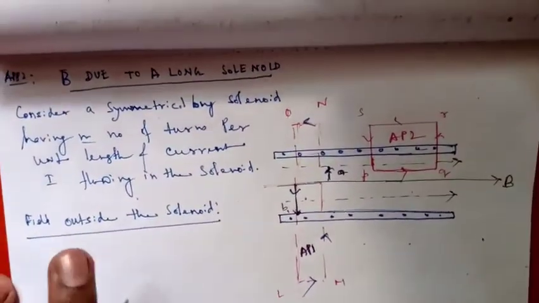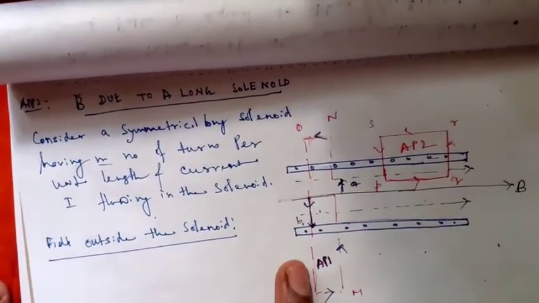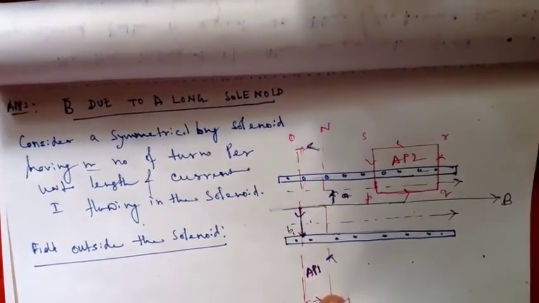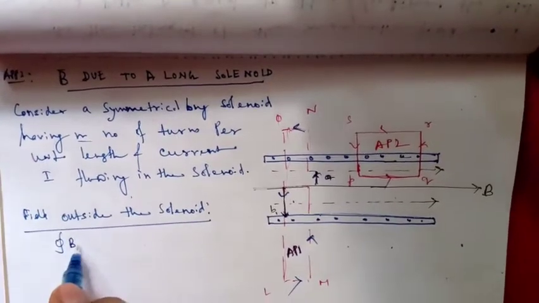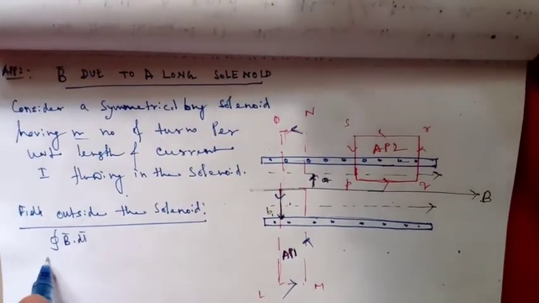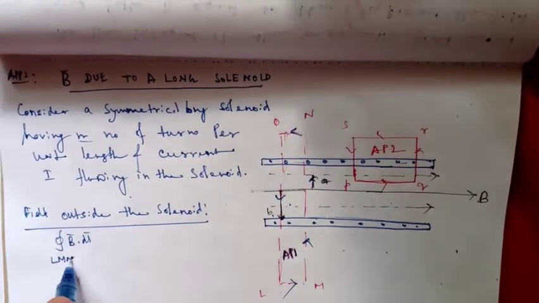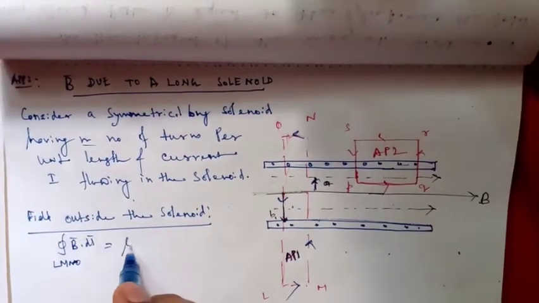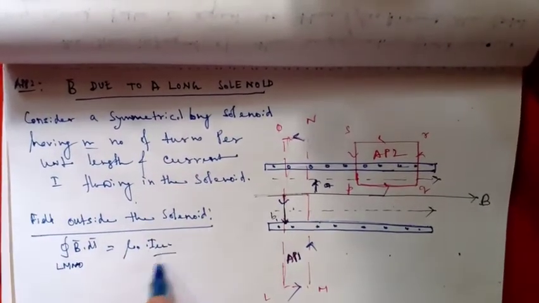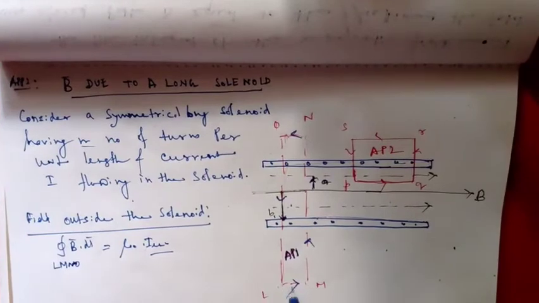Now for outside the solenoid, we apply Ampere's circuital law for this path, that is closed integral B dot dl for the path L M N O equals mu 0 times I enclosed. Now see the figure of the path.